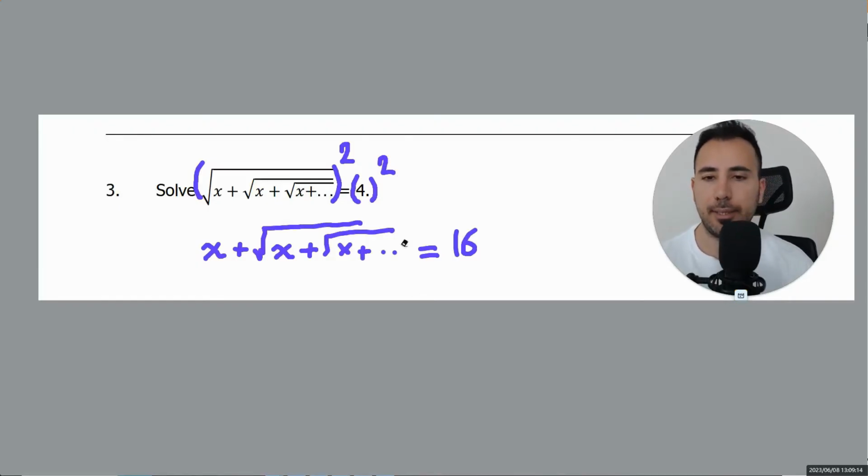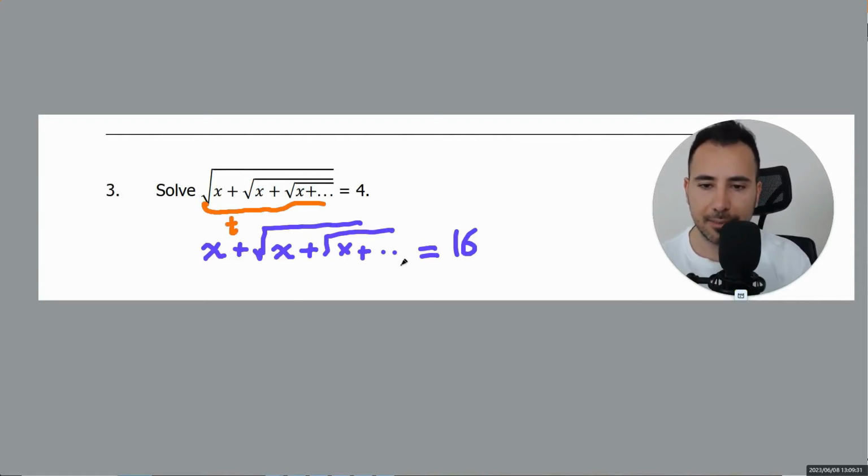Well, I think if you see something happening infinite times like this, it always makes sense to assume that it's something else. So if this is t, and you see even this one is repeating infinite times, so this is also t.